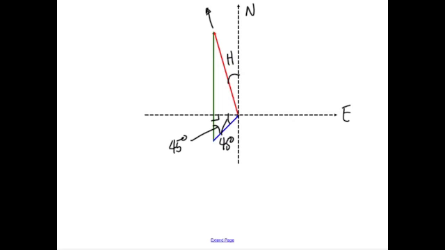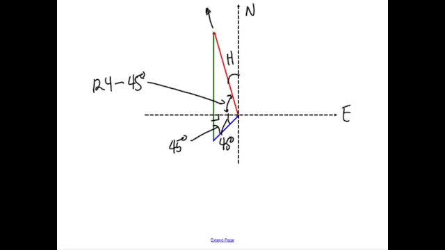Green is pointed north. So this is a 45, 45, 90 right triangle. So this angle is 45 degrees. This angle right here I can get because it will be 124 minus 45 degrees. That'll be this angle right here.